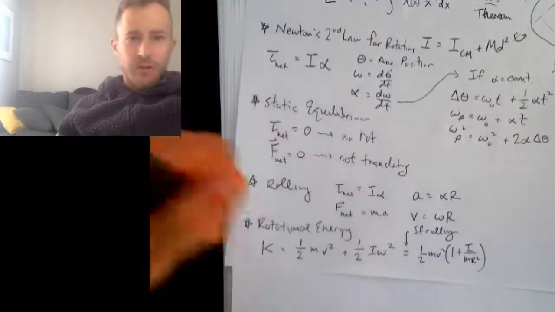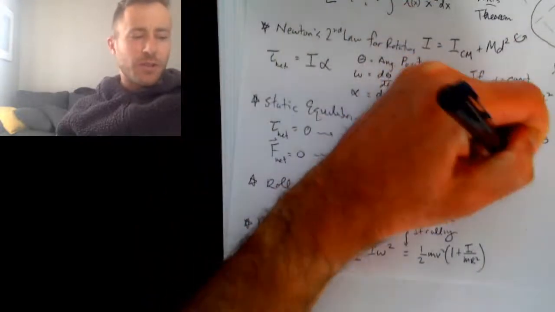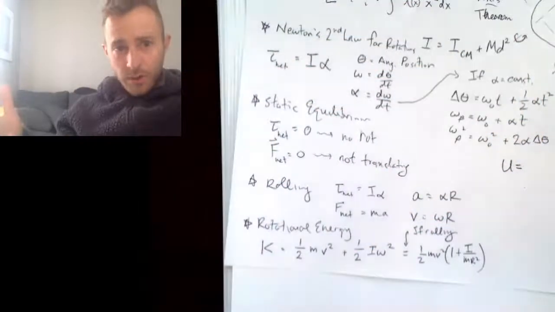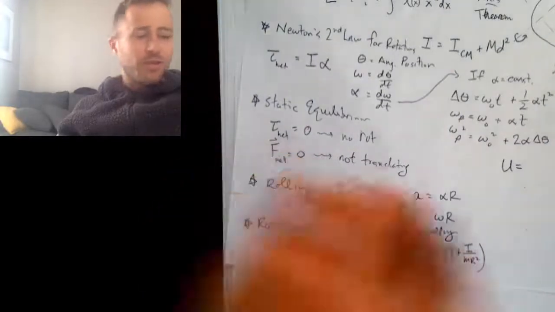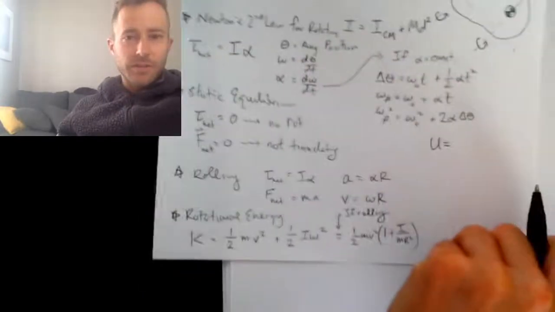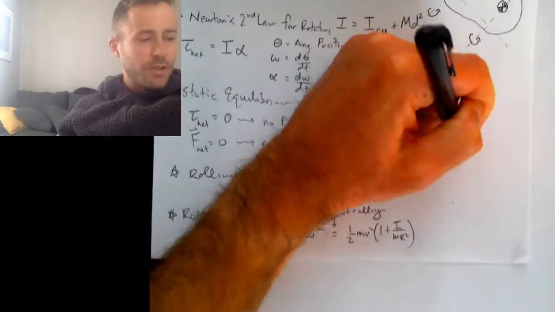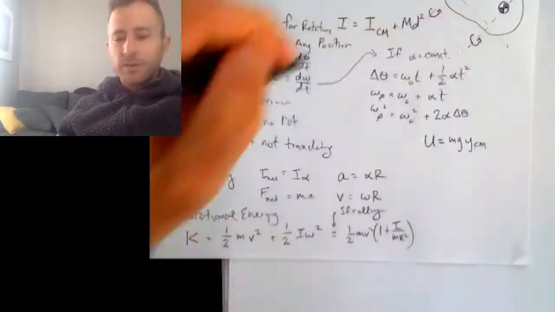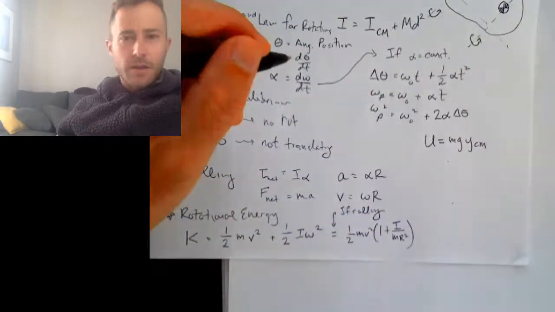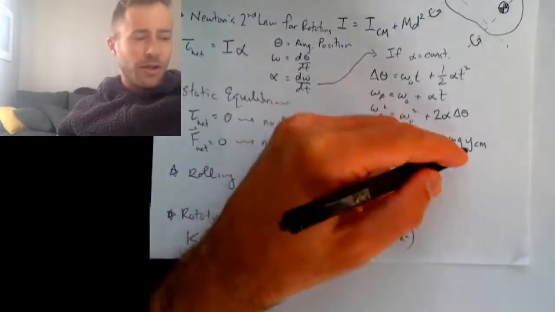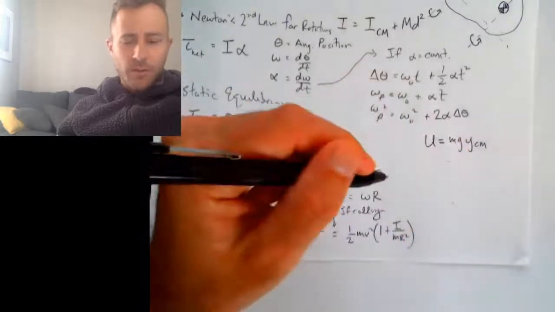So these are used in energy problems. If you have an extended object, like a wheel, and you need to compute its gravitational potential energy, then that is going to be mg, and the y value we use is the y value of the center of mass. And we learned a nice equation for that.